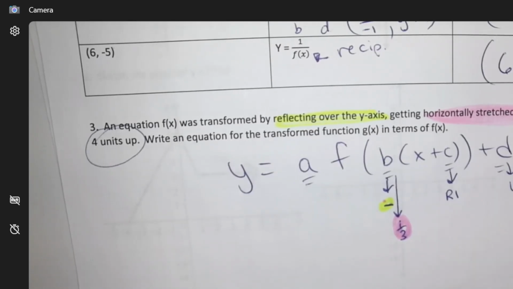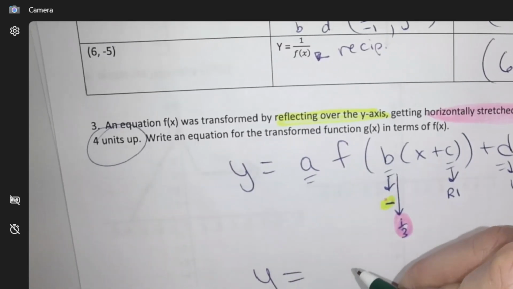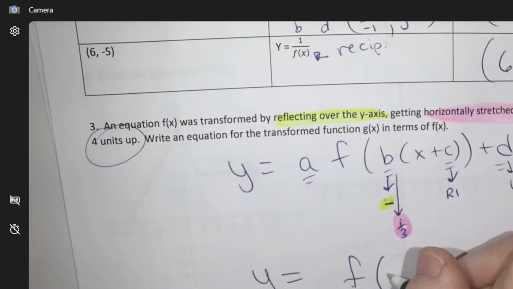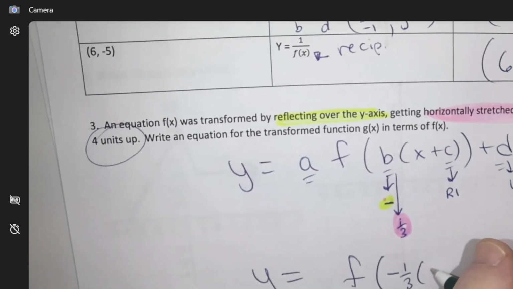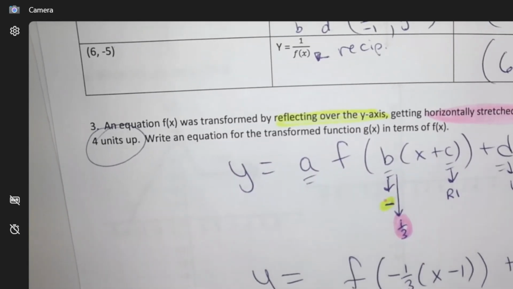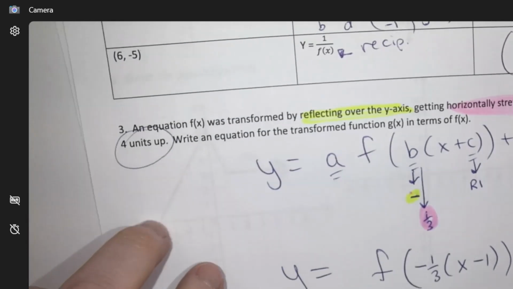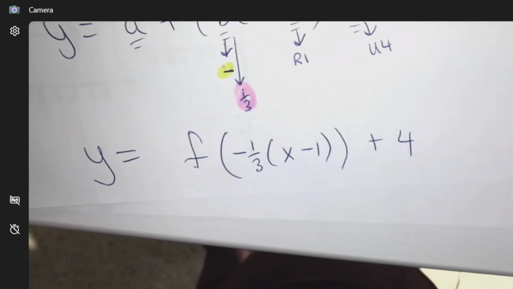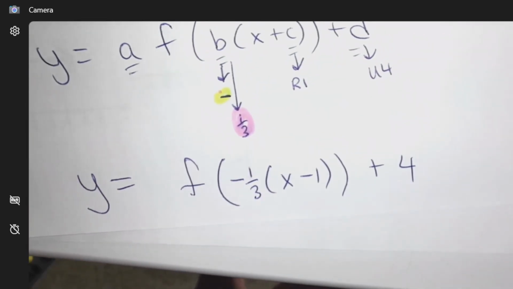Okay, so here's the final answer. There was my negative and the stretch.